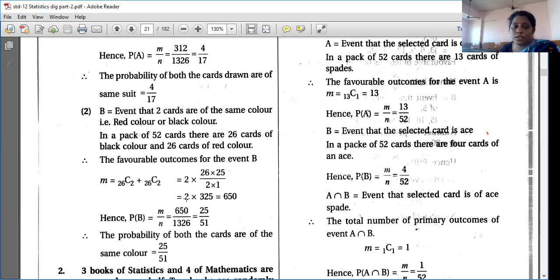So 26C2 plus 26C2, right? So your answer will be 650. So P of B equal to m upon n, that is 650 upon 1326, that is 25 upon 51. Okay, so therefore the probability of both the cards are of the same color is 25 upon 51.